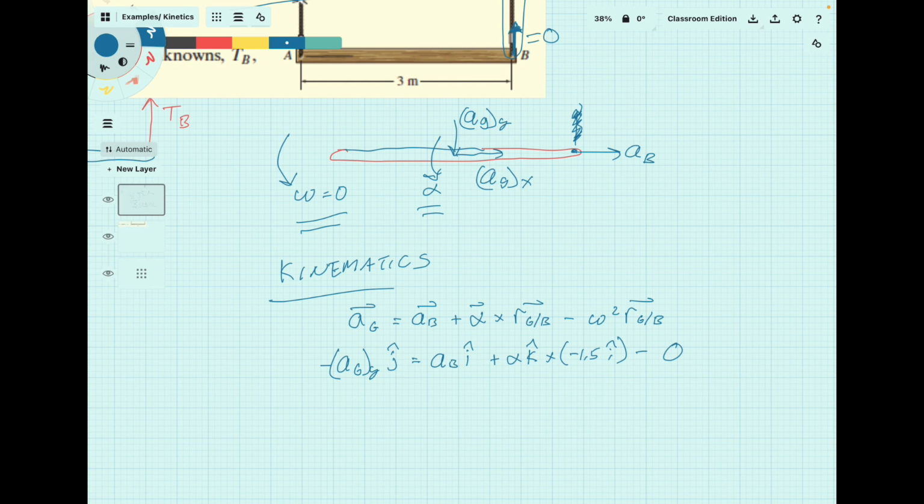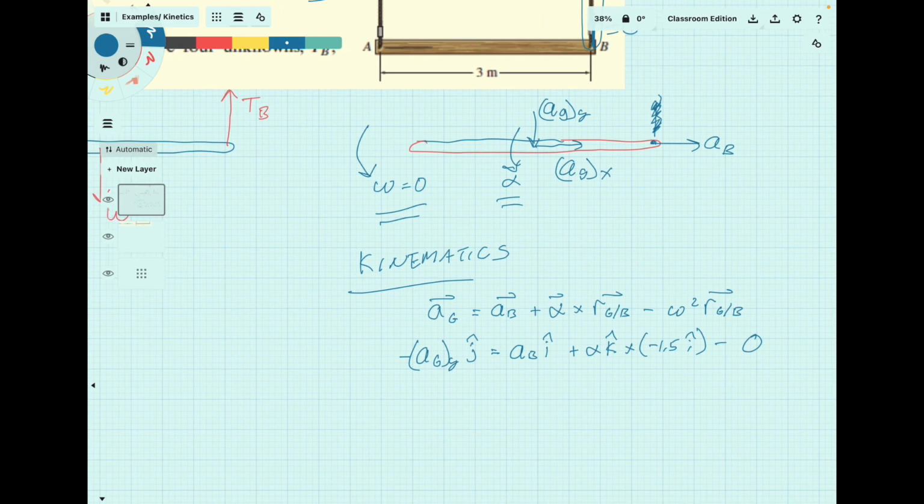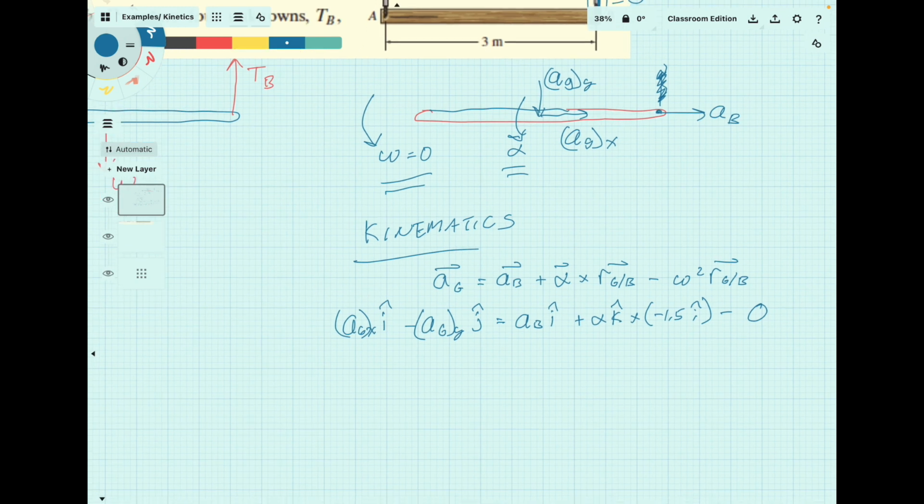Now, at G, well, I guess maybe I should have started with kinetics on this one, but we'll get to it in a second. Let me actually just put in AGx in the i direction over here. So out of this, the acceleration terms are basically all unknown at this initial point, so we can't do a whole lot with it.